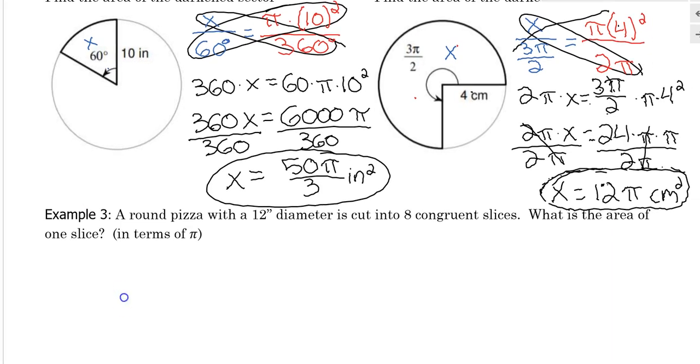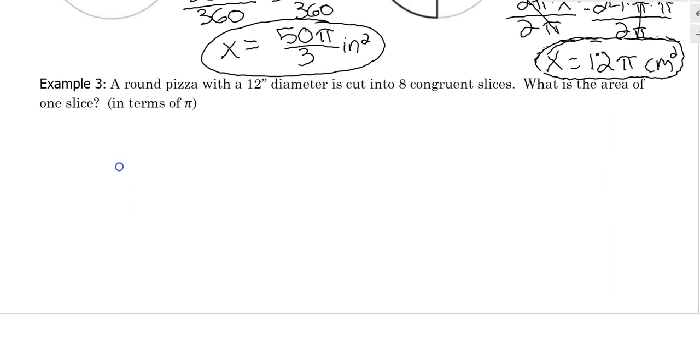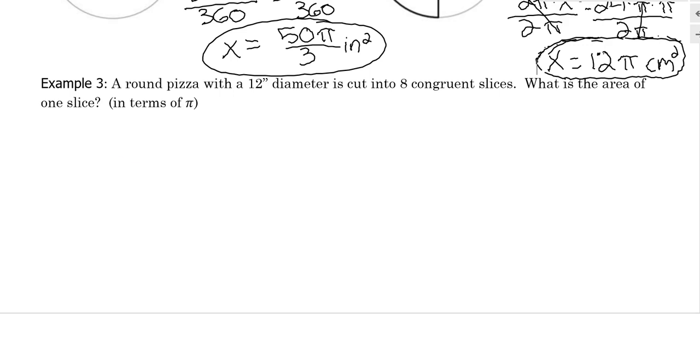All right, our last example. A round pizza with a 12-inch diameter is cut into 8 congruent slices. What is the area of one slice? Okay. So I'm going to start by drawing this.